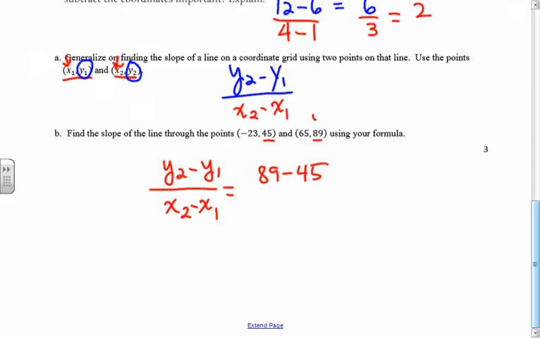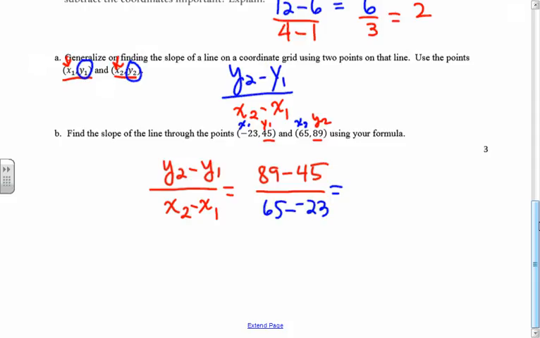I'm going to call this my y2 and this my y1. I'll show you in a second that if you did it the other way, it would also work. This is my second x coordinate, this is my first x coordinate, so I'm going to do 65 minus negative 23. I'm going to go ahead and subtract those and get an answer.